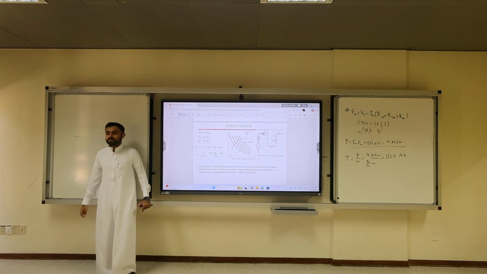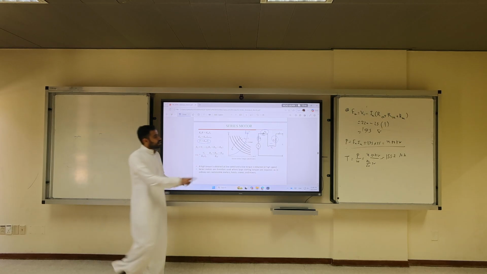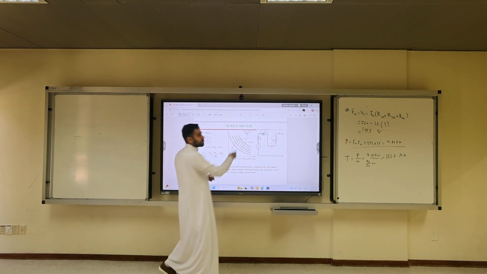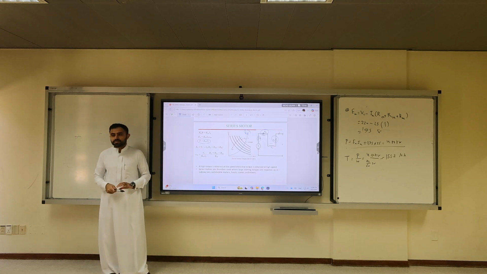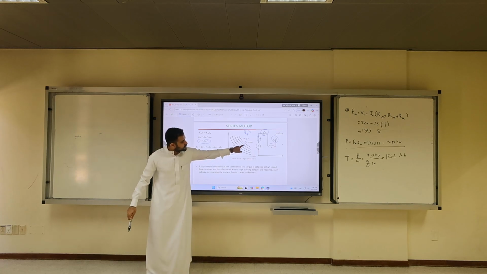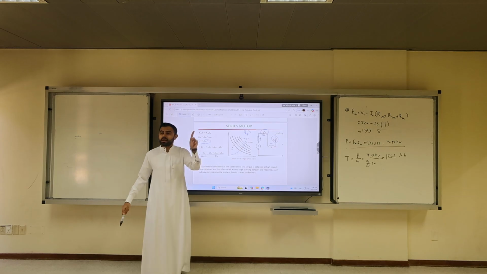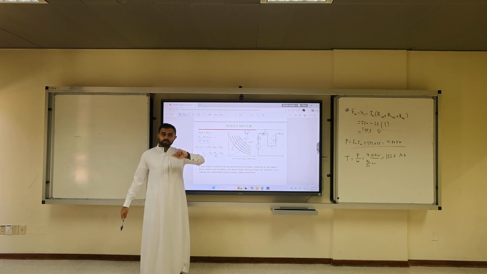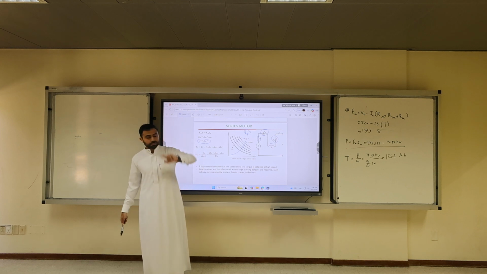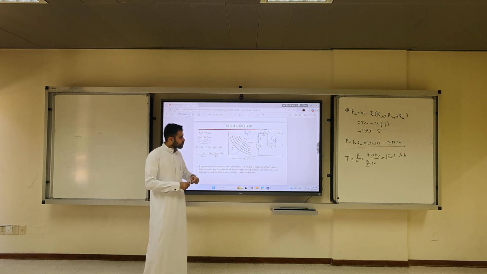If we increase the resistance, we jump to this point only. This is the operating point, which is the intersection between your load and your machine. Clear?